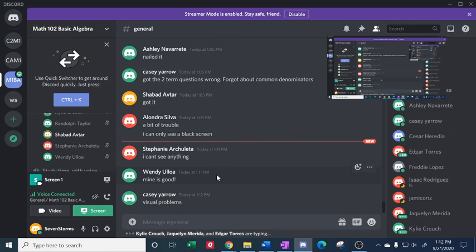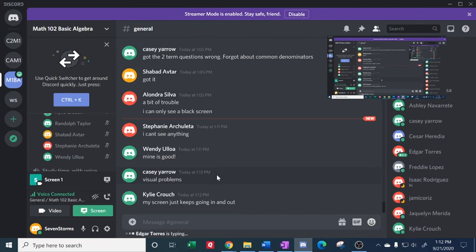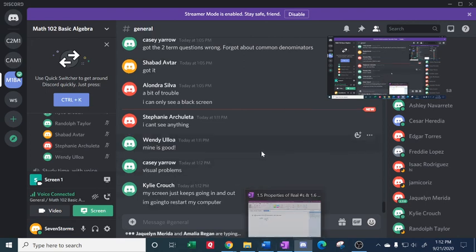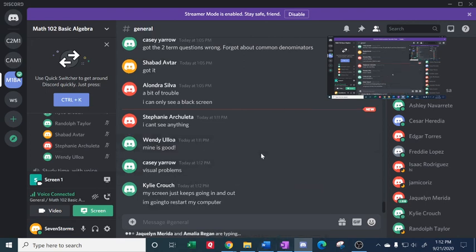Okay, good. Rebooting your computer would be a later step, but try just getting in and out of Discord.